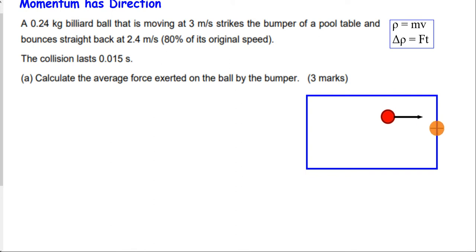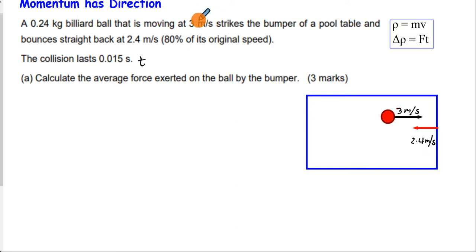So if I draw another arrow saying that afterwards it bounces back, and I will also put the measurements. So 3 meters per second going towards the barrier, the bumper of the table, and then 2.4 meters per second coming back. And the collision lasts 0.015 seconds, so that's our time there.